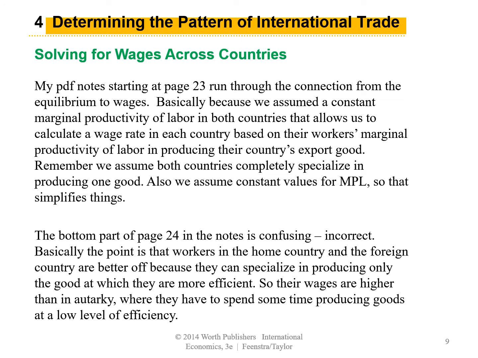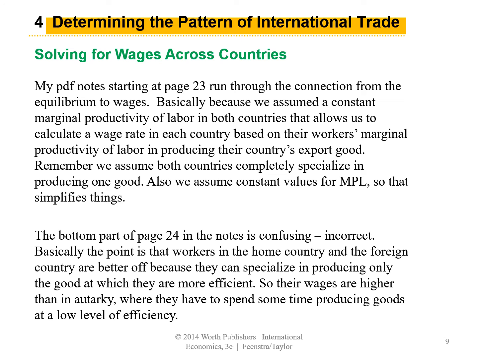And essentially they're receiving a higher wage rate because now the workers in each country are specializing in producing the good at which they are most productive, where they have the highest marginal productivity. And that's possible, and that's the situation because both countries are completely specializing in producing one good.